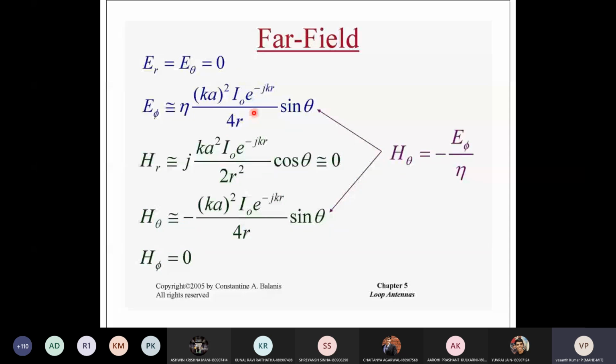E phi will have a 1 by R term, and H theta also will have 1 by R. So E theta by H phi is minus E phi by eta. Why does the minus sign come? You can see it here. H phi is 0 for far fields.